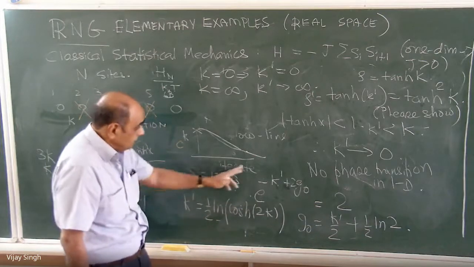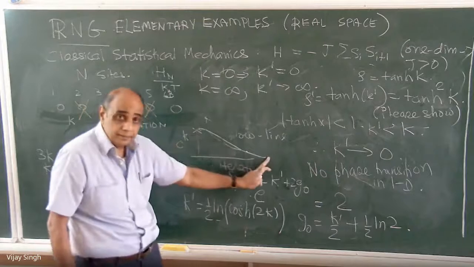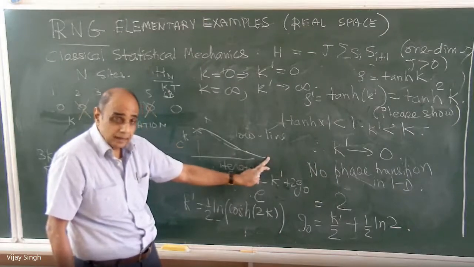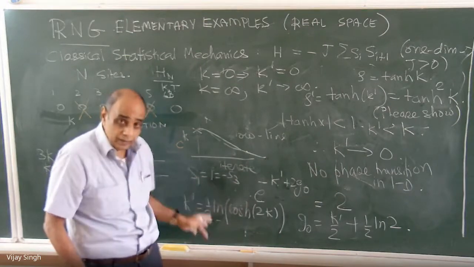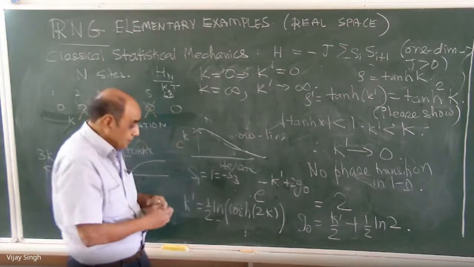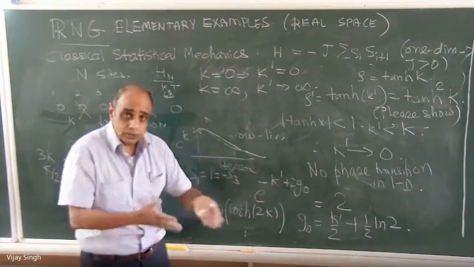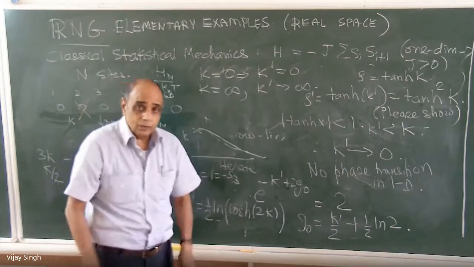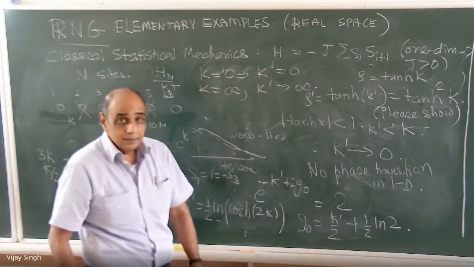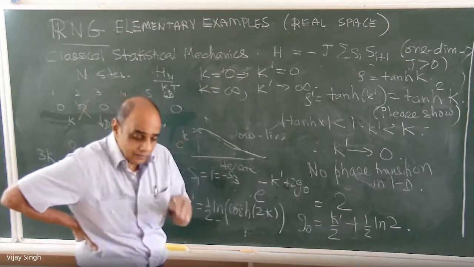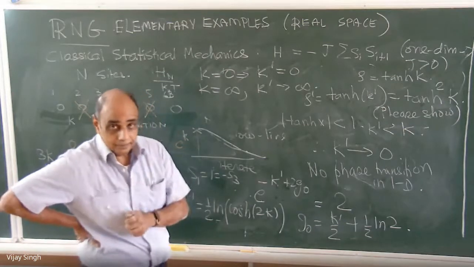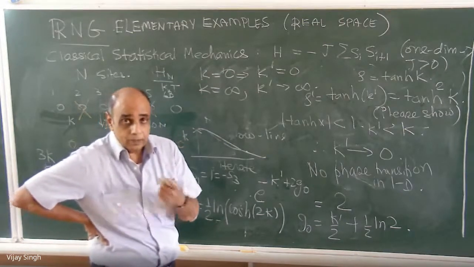So with every iteration, you'll get a new value of k. By iteration, it means this is like a Newton-Raphson, simple iteration. You'll get a new value of k and it will actually converge to 0. Any finite value, start at 100, 2000, 20, they will converge to 0. That's what I meant.